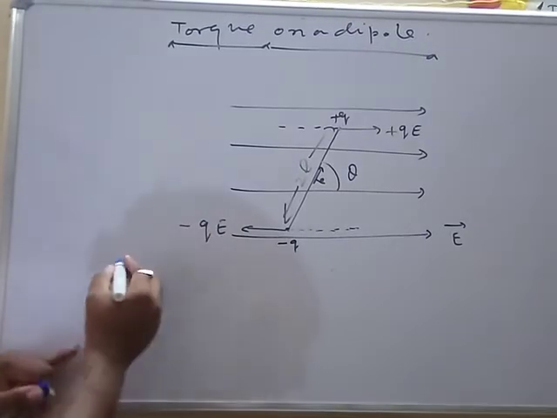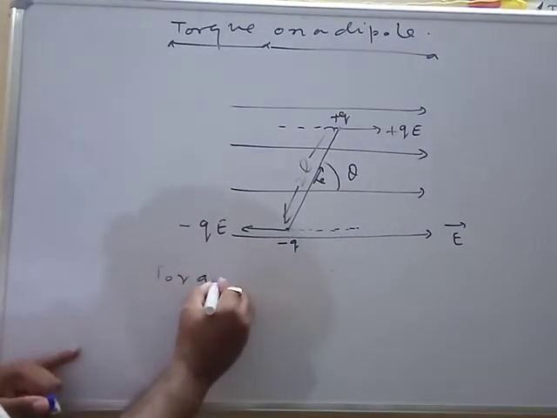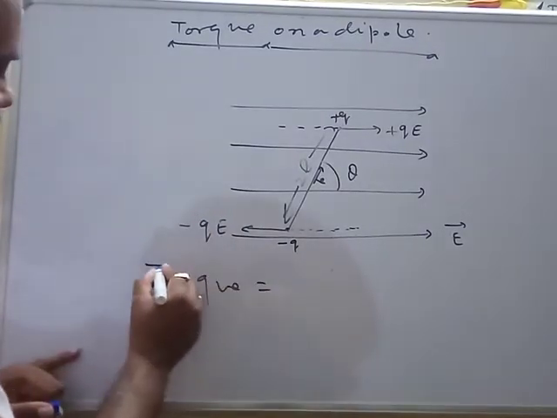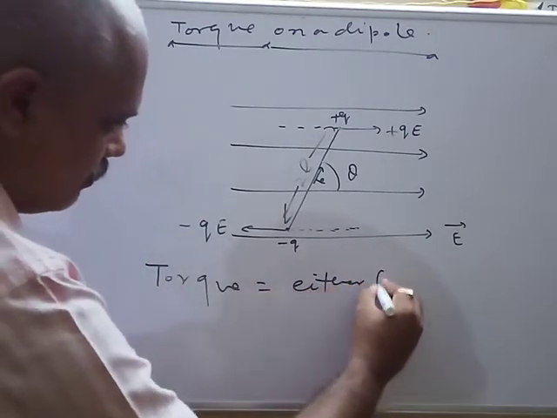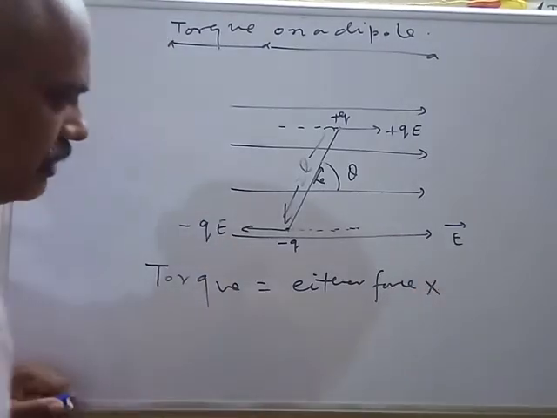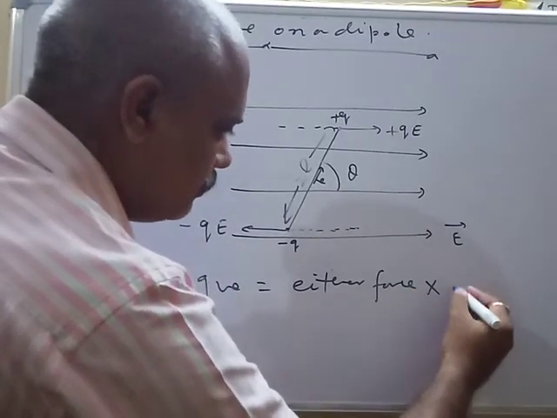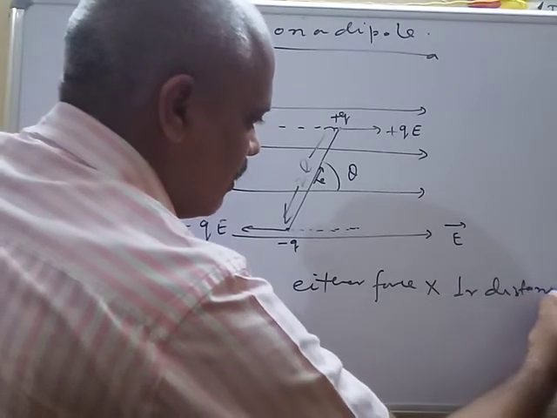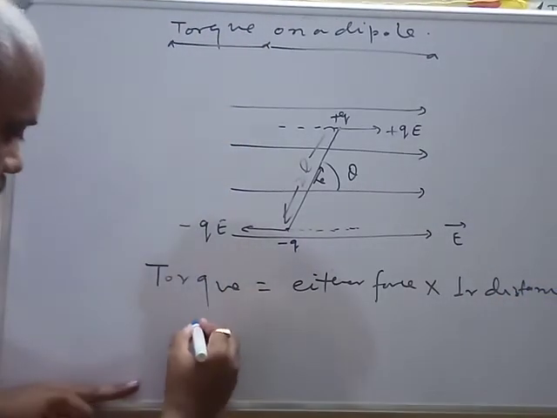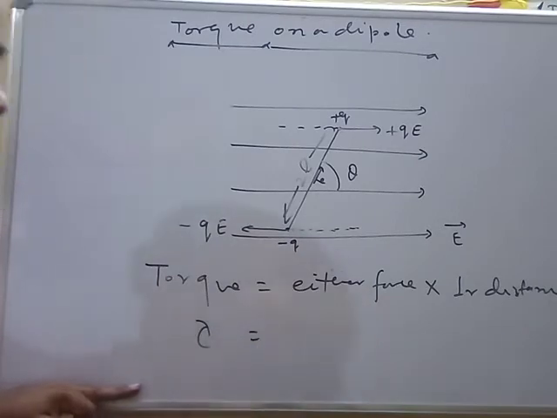In order to evaluate this torque, we have torque equal to either force into perpendicular distance. Now torque is represented by tau.